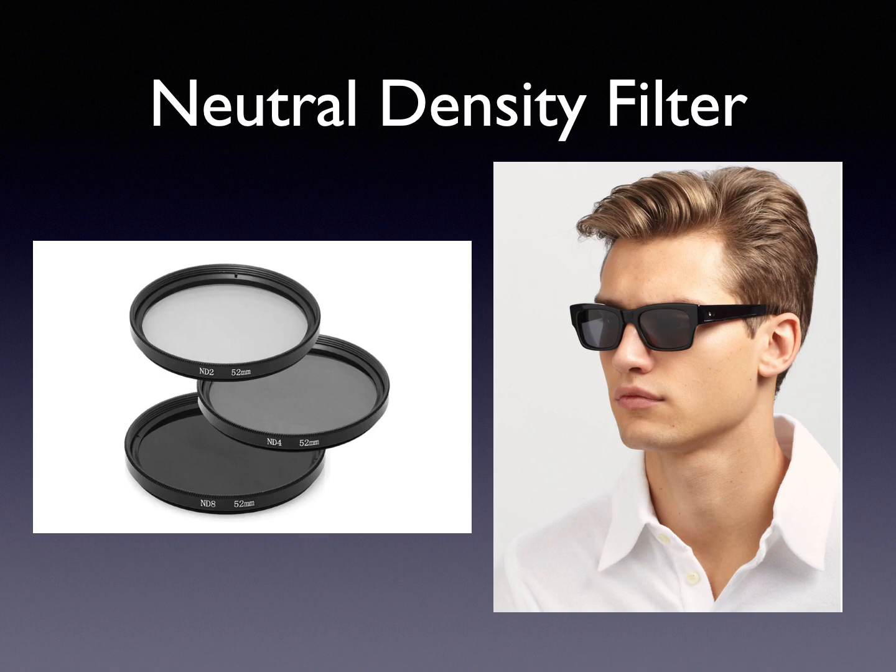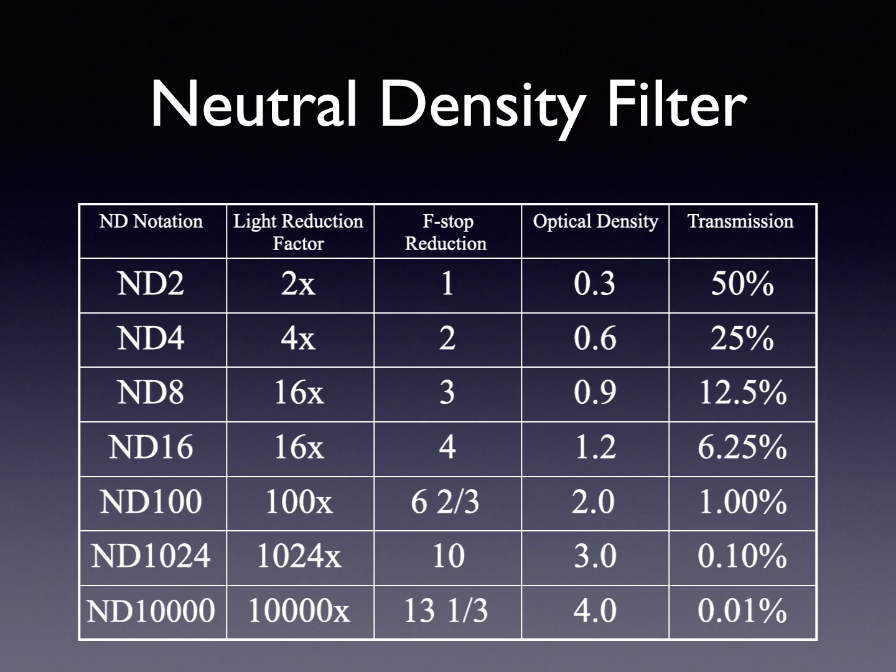So if you wanted to get an even longer exposure, you'd have to use something called a neutral density filter. And it works the same way sunglasses work with your dilated pupils in your eye. It just blocks light from entering. Neutral density filters come in a lot of different strengths, and they change by one stop.